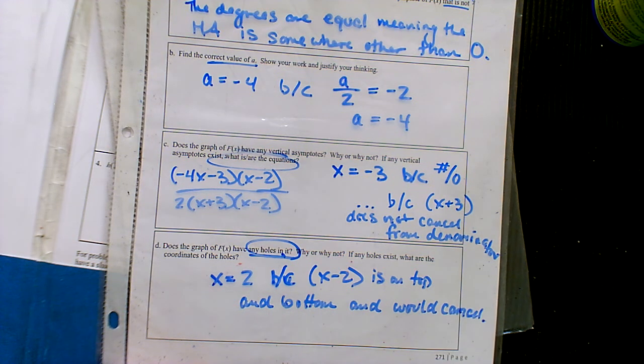Okay, that's kind of an algebraic approach. You could also say because the x value of 2, if you plugged it into the equation, would produce 0 over 0, signifying basically that you have the factor on top and bottom. So they mean the same thing. It's just the wording or the phrasing that you want to use to go about justifying your answer. Okay, either one.